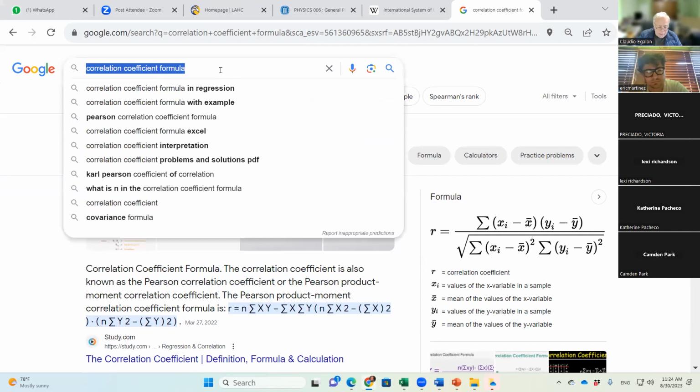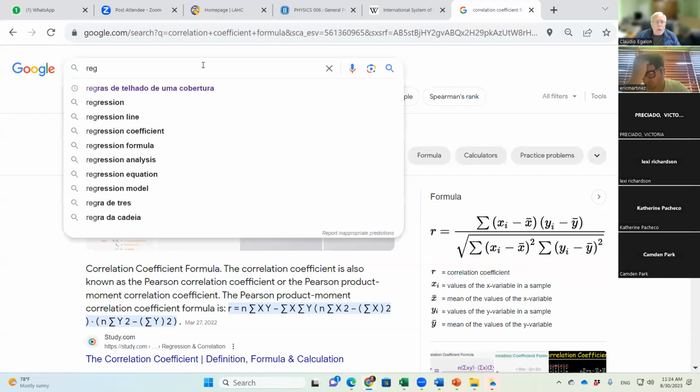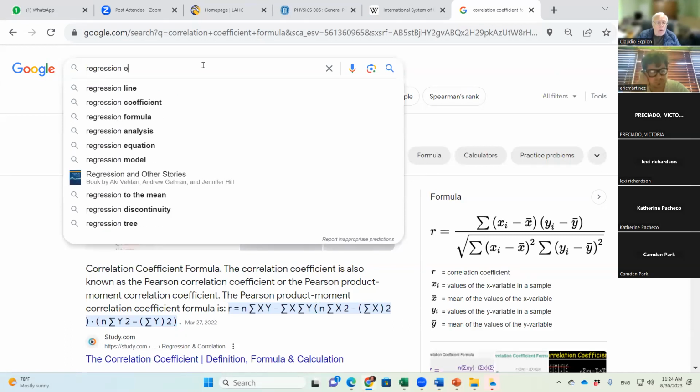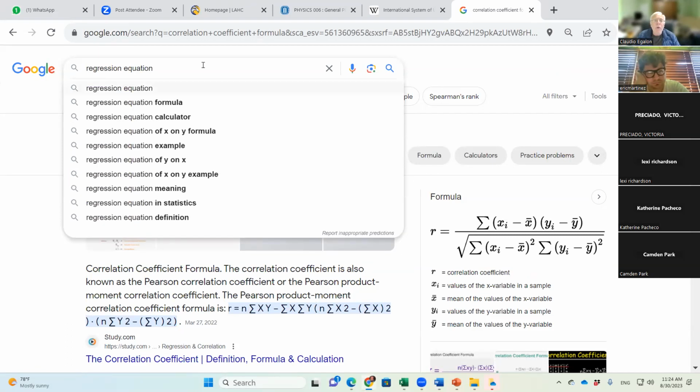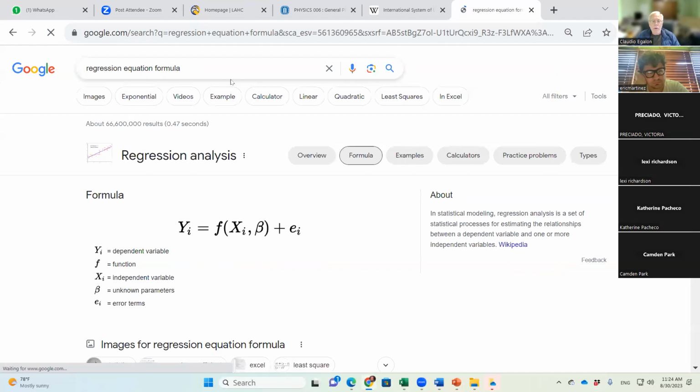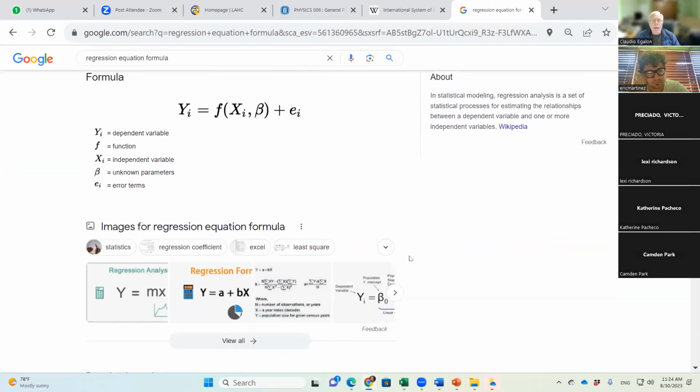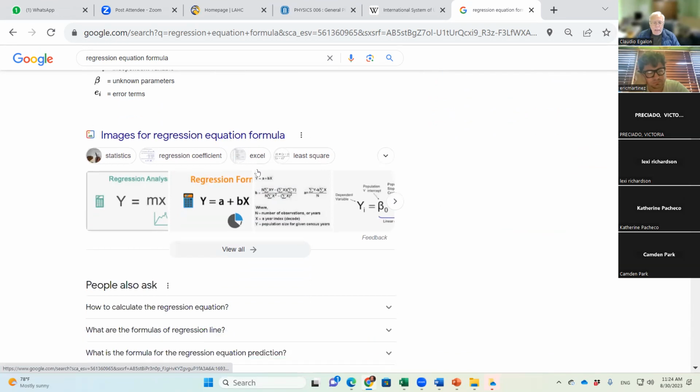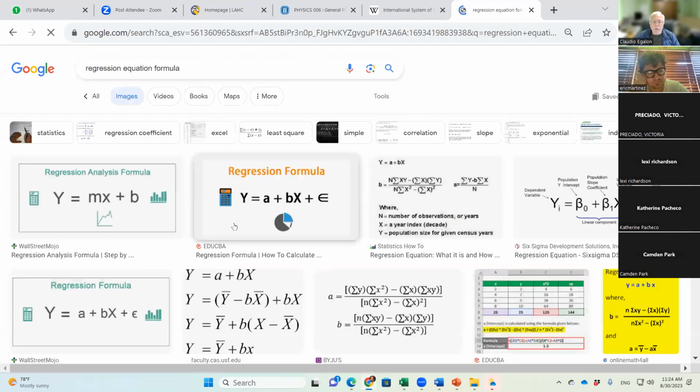Let's see. Regression equation formula right in here. Okay, there's a way to derive that.